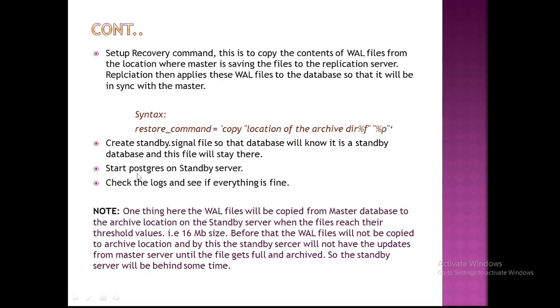Okay, then on the slave server, the replication server, you need to set up the recovery command, so your WAL files get copied to the standby server. From that archive location where your WAL files get archived, those WAL files need to be applied to the standby server.